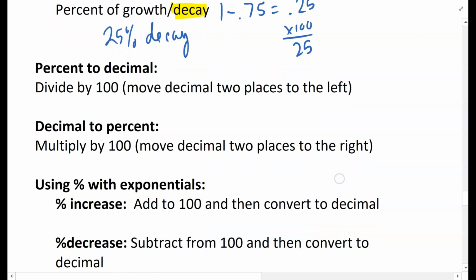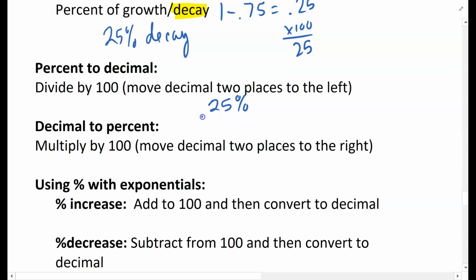Okay, so I already kind of covered this in the last 2 examples, but if we're going to convert a percent to a decimal, we need to divide by 100. So in some of our problems, they will tell us the percent of growth or decay, and we need to convert that into a decimal. So if they tell us that we have a 25% growth, and we want to convert that to a decimal so we can add it or subtract it to 1 to get our growth factor, we would need to convert this to a decimal.